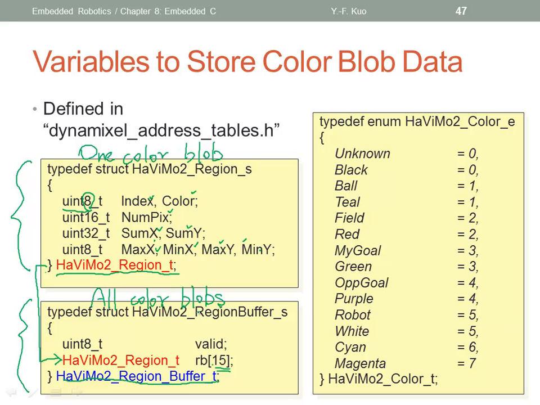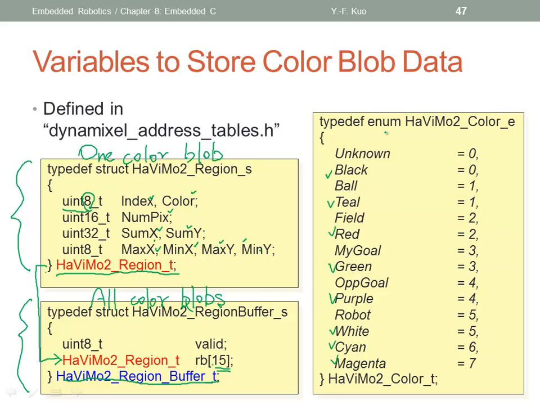And we also need the computer to recognize the name of a color. For humans, we can remember the name of a color easily. We know black, teal, red, green, purple, white, cyan, magenta very well. But for a PC, they only understand a number.